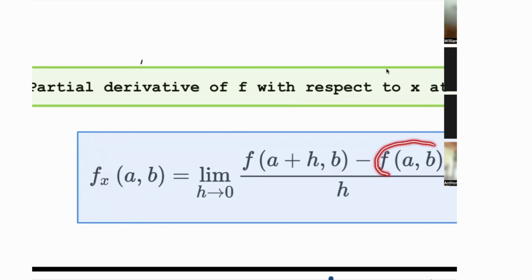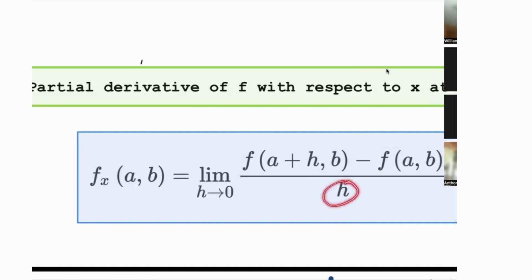We're comparing the original value f at ab to this new value, which is close by, f of a plus h, b. This difference represents how far the function changed between these two points.